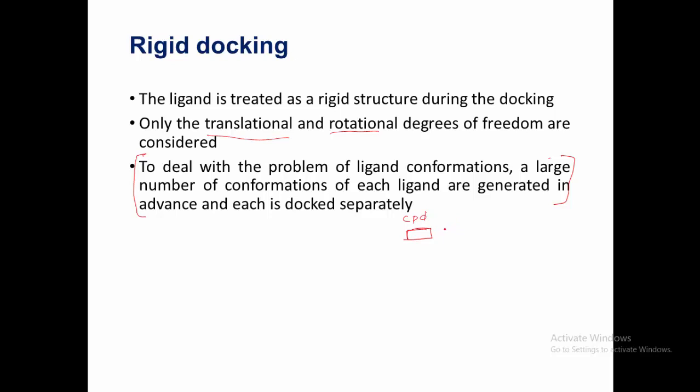To solve the problem of conformation, you use another software to rotate the different sigma bonds in order to generate different conformations, like 1, 2, 3, 4 different conformations. Then you can use the docking software to dock each compound separately, in order to get docking results of different conformations for the same compound.